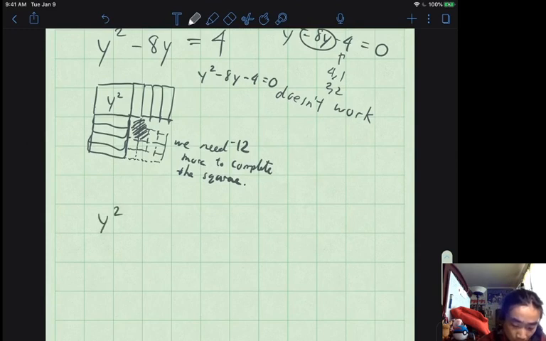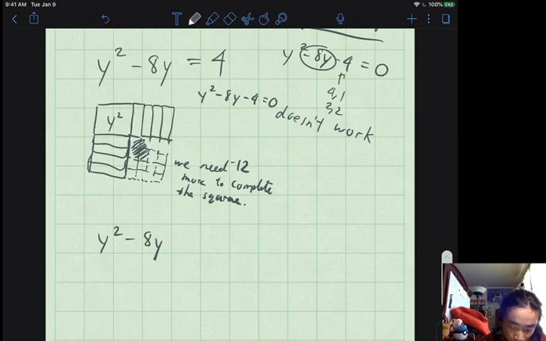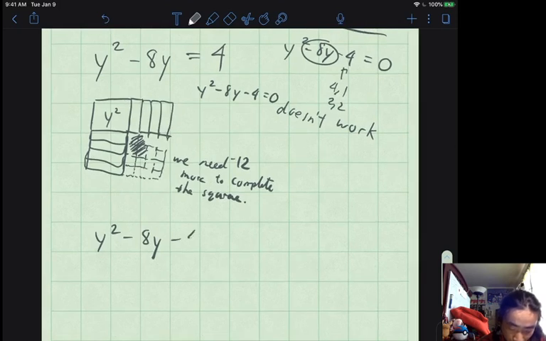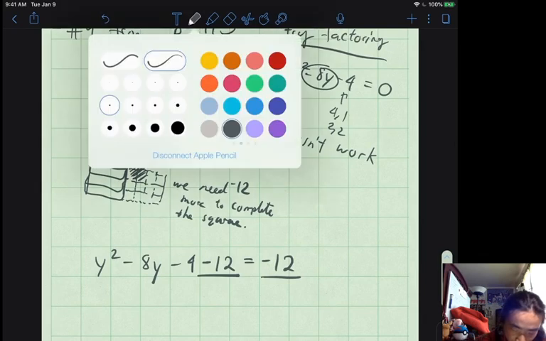So, y squared plus 8y, if we already have -4 of them, we need to add on another 12. Sorry, I'm thinking. Sorry, it's not another 12.